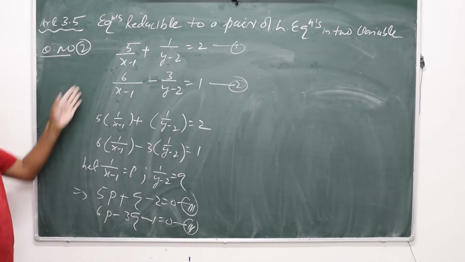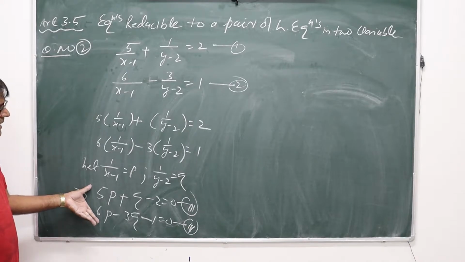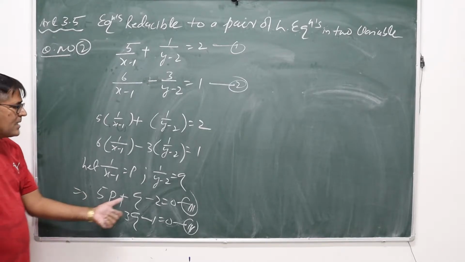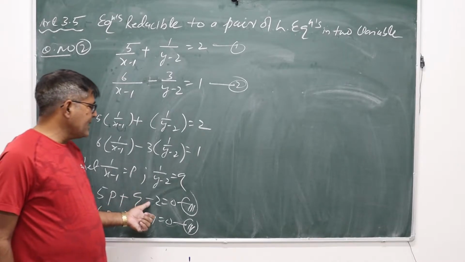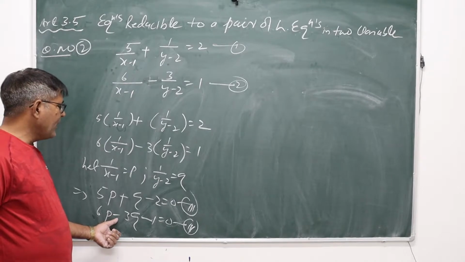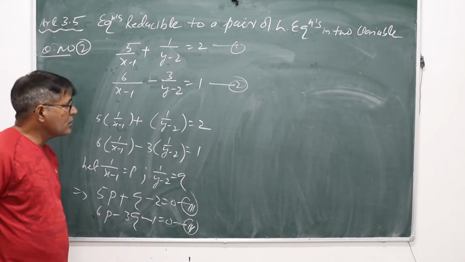Now these two equations are reduced to the standard form of the linear equation in variables p and q, that is a1p plus b1q plus c1 is equal to 0, a2p plus b2q plus c2 is equal to 0.